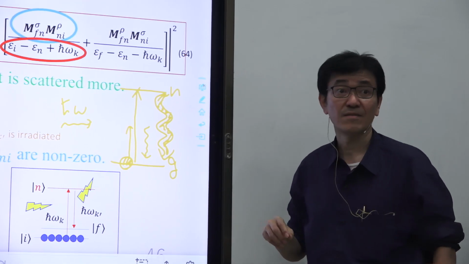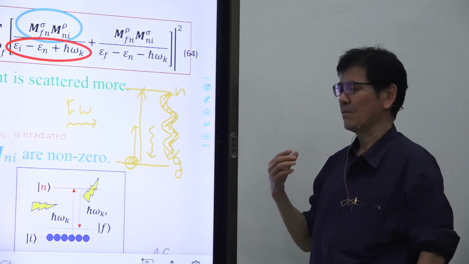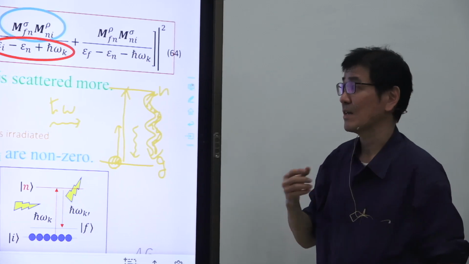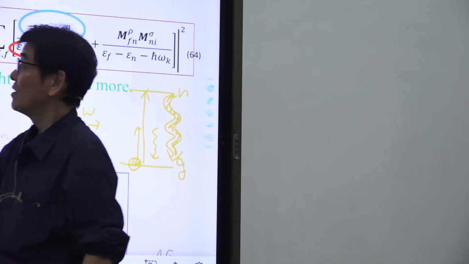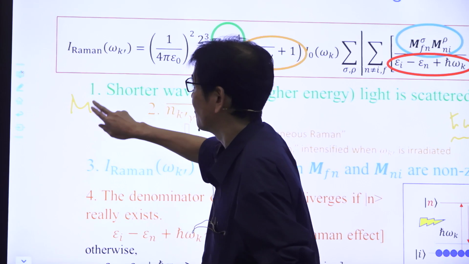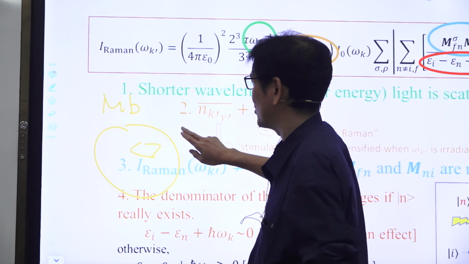So this is a resonance effect, the so-called resonance effect. During these 5 days of lectures, I will introduce some examples. Take myoglobin, a protein that contains heme.